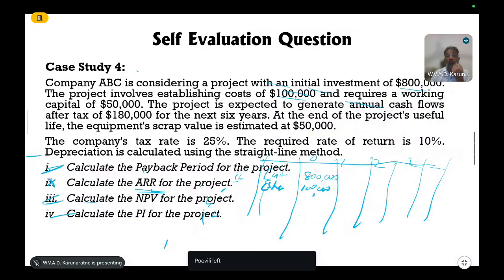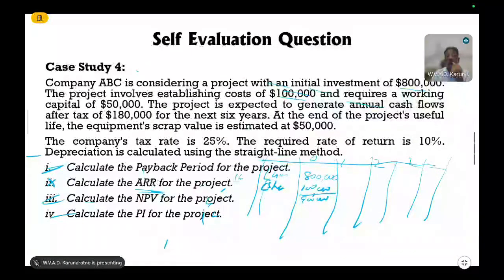Then the required working capital is actually the capital part of that, right? 900,000. Those are cash outflows. And working capital requirement is 50,000. Working capital requirement 50,000.